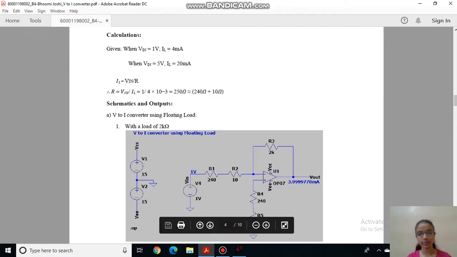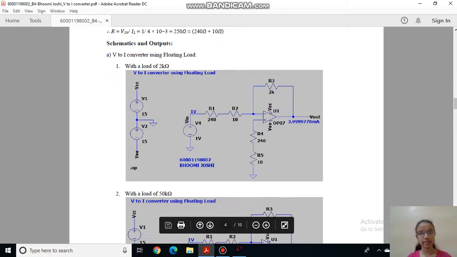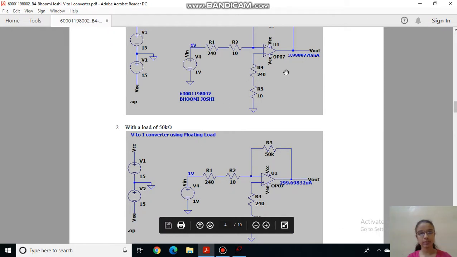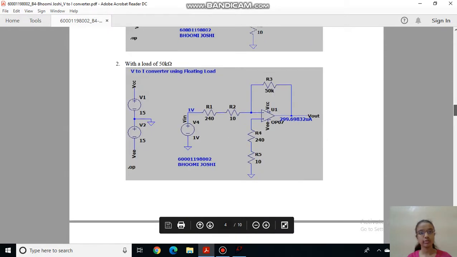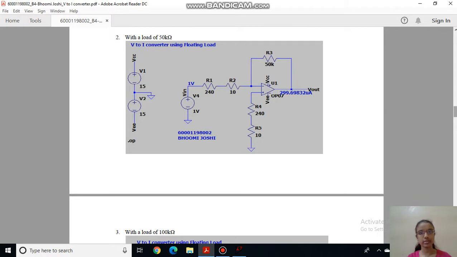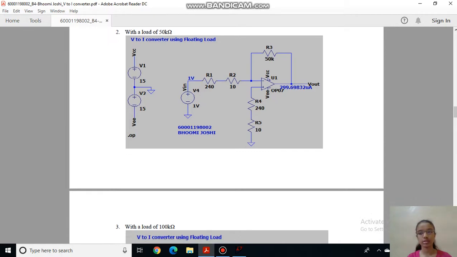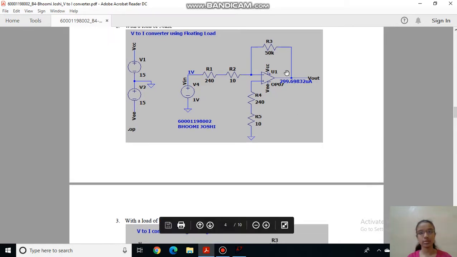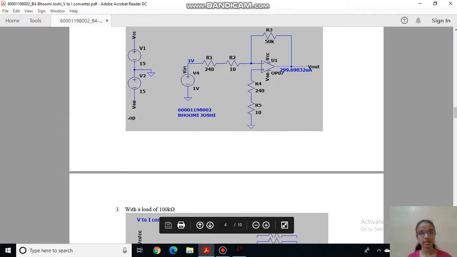As you can see, this is my schematic. Just now we have seen. Here I have taken readings for various values of load resistance. Whenever I am using 50 kilo ohms of load resistor, I am getting 299.69 microampere current.